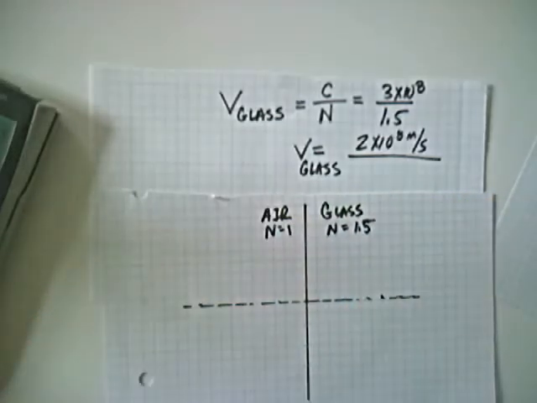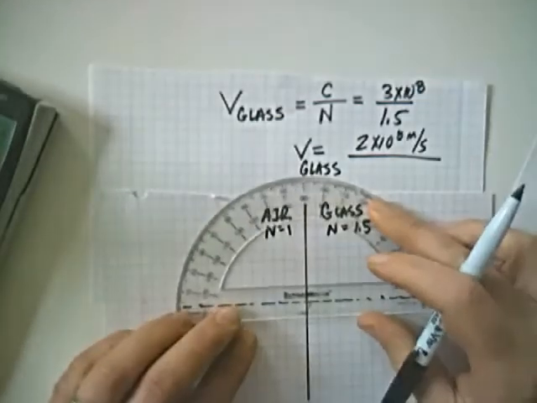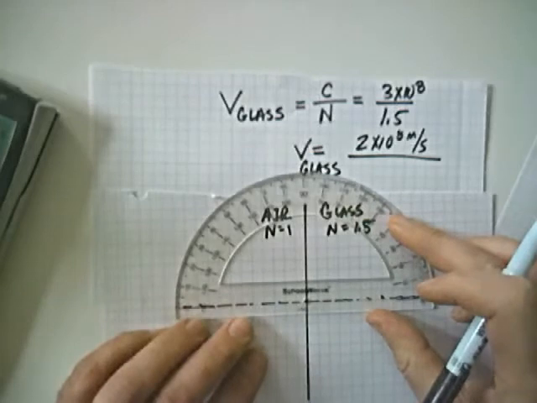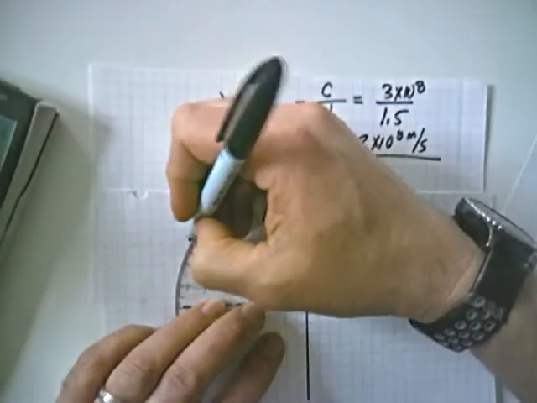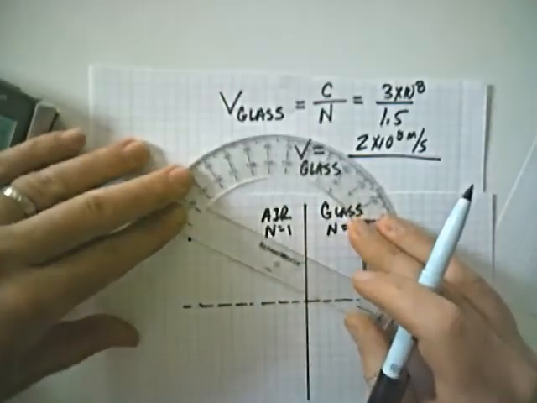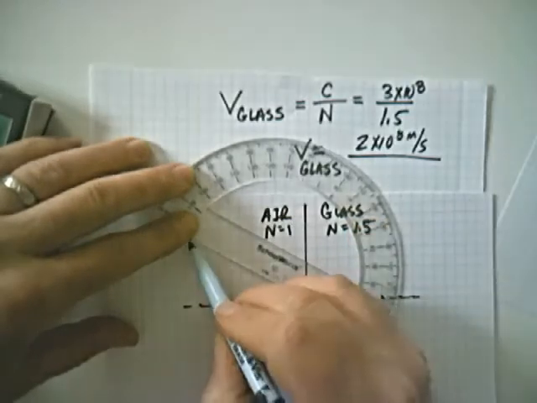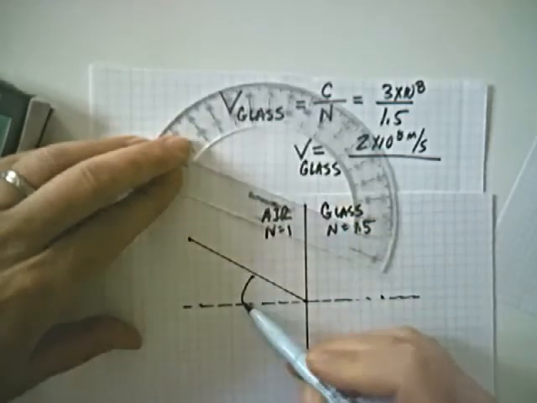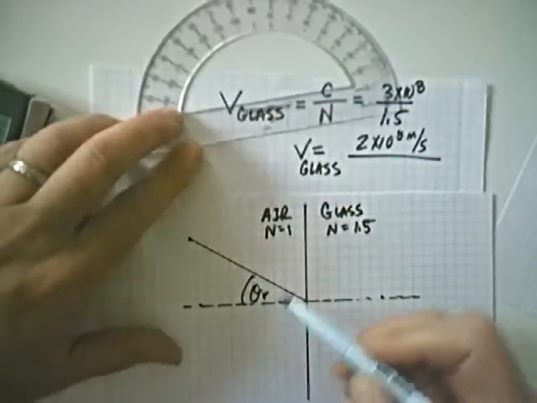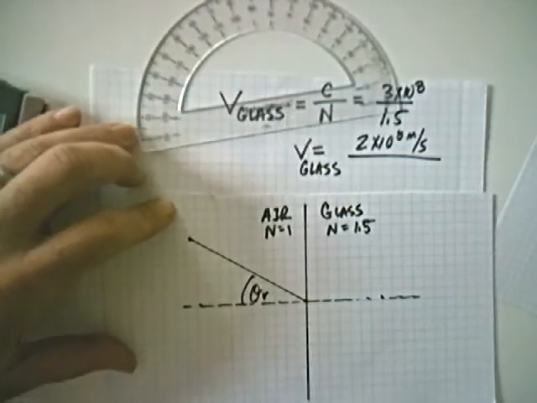So we'll come at a similar angle, just to keep things consistent, to make comparisons. Let's come in with 30 degrees again. You can come in at any angle you want, right? We're going to come in at 30 to the origin. This will be theta I, and like I said, it's 30 degrees.